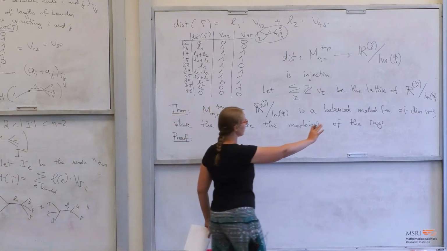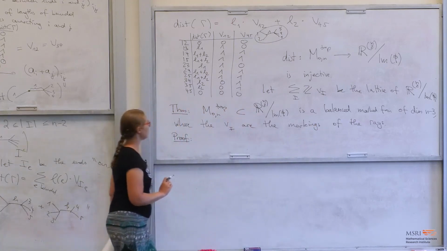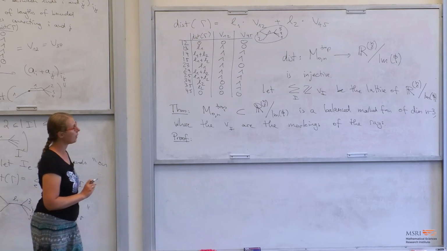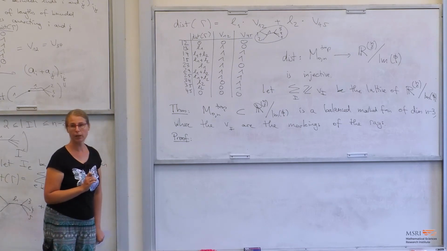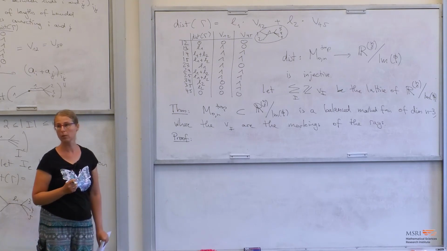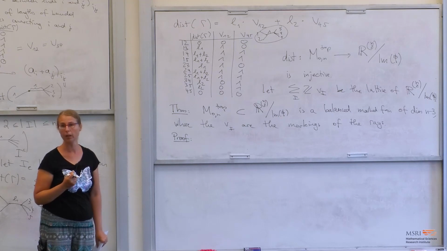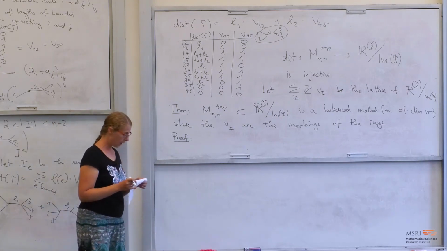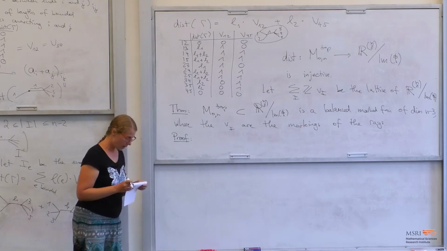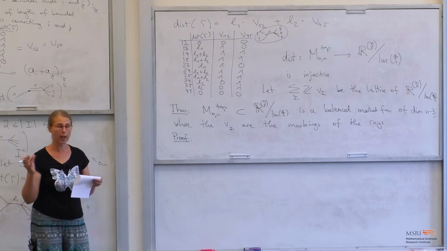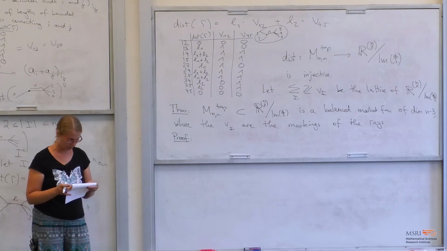Let's first discuss the structure a little more. This theorem also claims that it's a balanced marked fan of dimension n minus 3. That it is of dimension n minus 3 is not surprising, because we already know that the maximal cones in our M0n trop are of dimension n minus 3, because we can have at most n minus 3 bounded edges. And it's also true that M0n is pure of dimension n minus 3, because every maximal cone has this number of bounded edges.